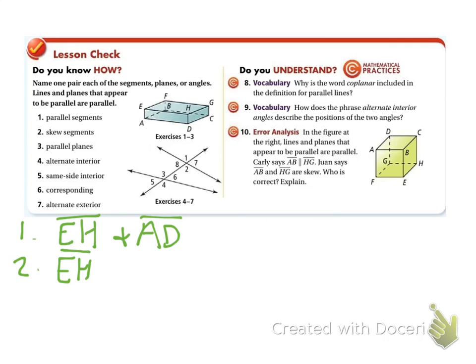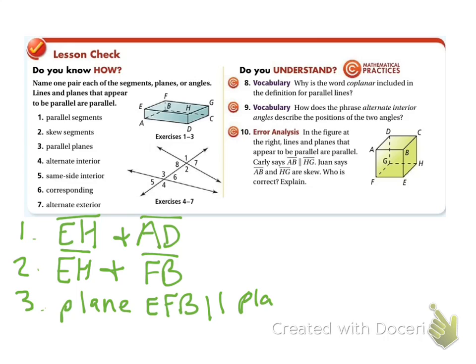EH and FB are skew segments. They're not on the same plane and they're not parallel, and they won't intersect. 3, parallel planes. Well, plane EFB is parallel to plane HGC.